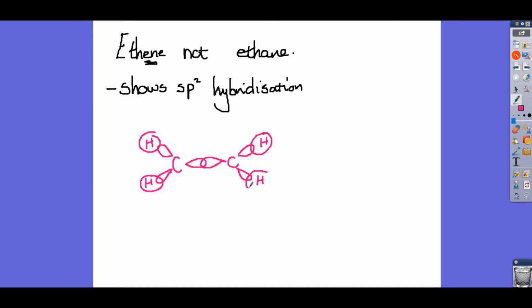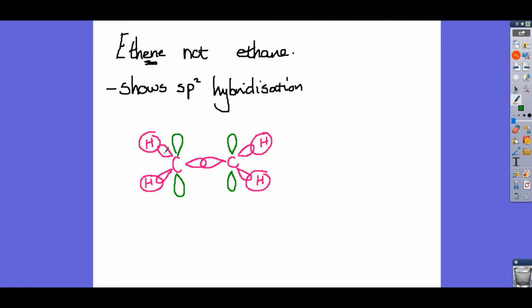Okay, but remember, when we show sp2 hybridization, we still have unhybridized p orbitals, and they sit with their traditional p orbital shape, that dumbbell shape. They sit like that with respect to those other carbon atoms.